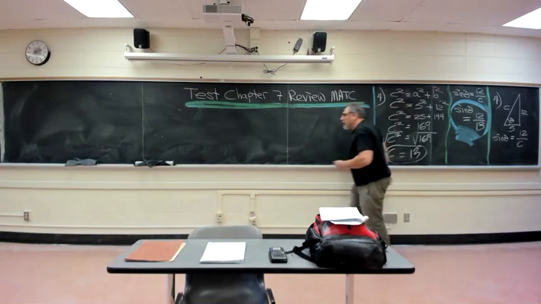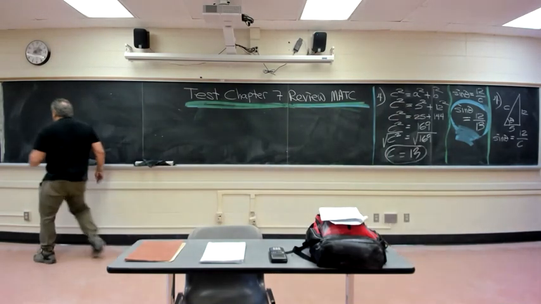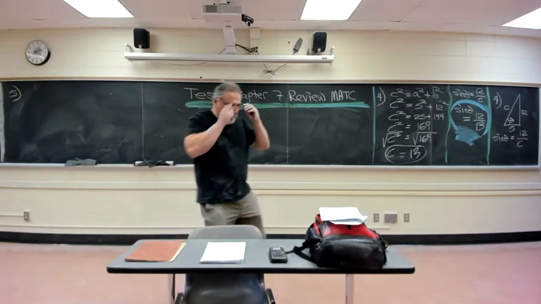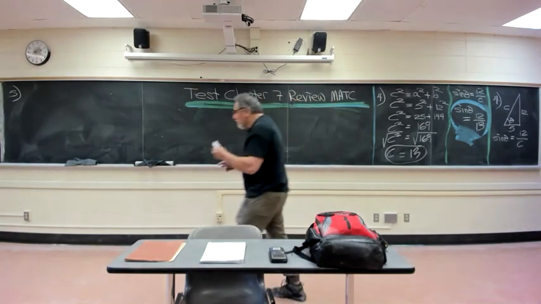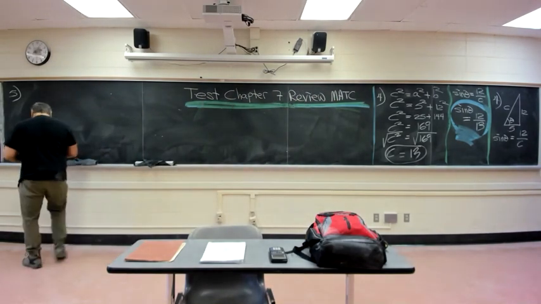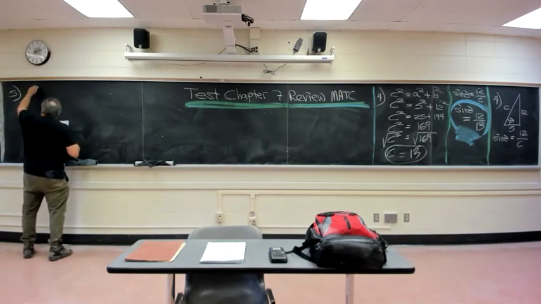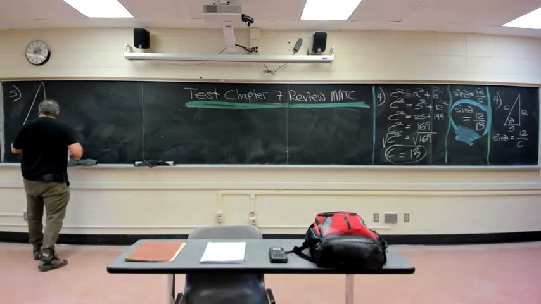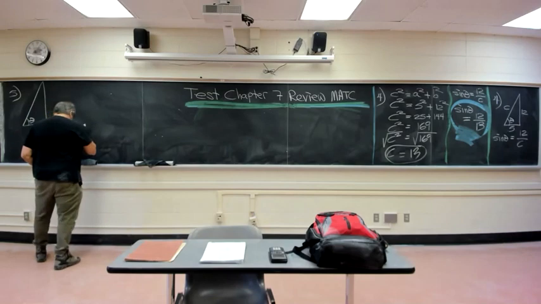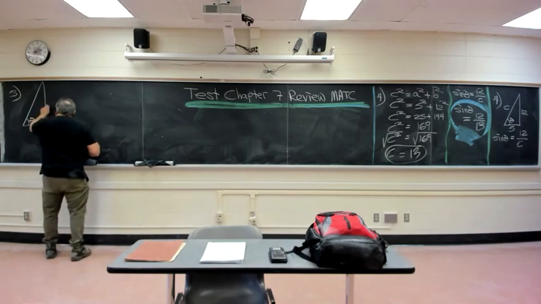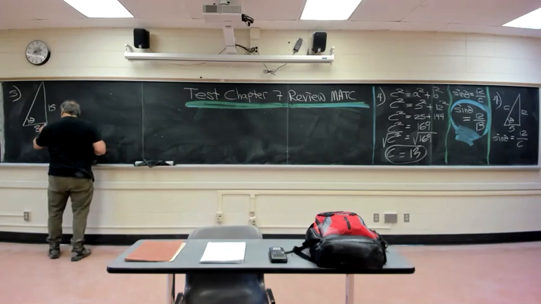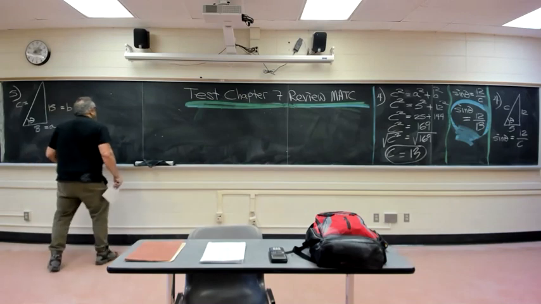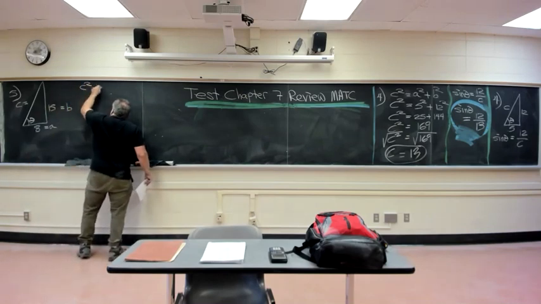Let's see what we can say for 5. There's theta, here's 8, here's 15. Call that guy B, call that guy A, and let's find out what C is. It is true that C squared equals A squared plus B squared.